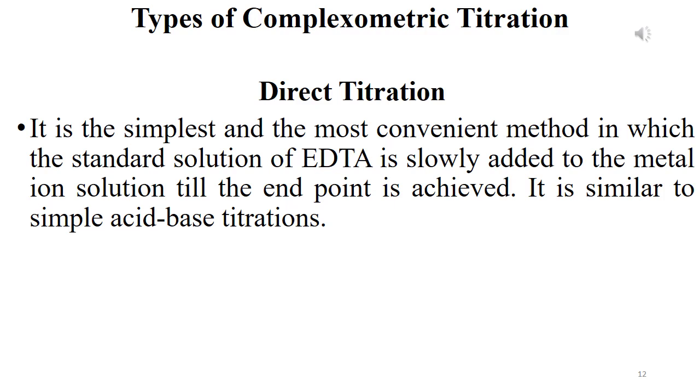When we add EDTA from the burette, at one point the color changes from wine red to blue. This shows that EDTA forms a complex with the metal ions and EBT is in free form.